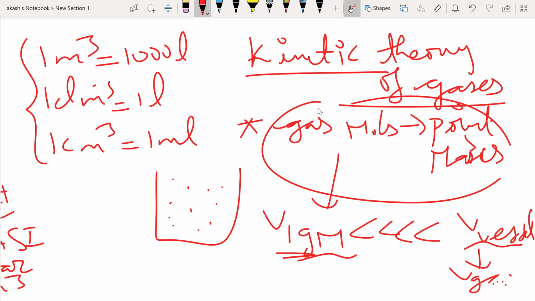So many gas molecules together form the whole volume of the gas. The other way of putting it is the volume of one gaseous molecule is negligible when compared to the whole volume of the gas. So that point you'll be able to infer from this. Okay, fine. That's the first point.